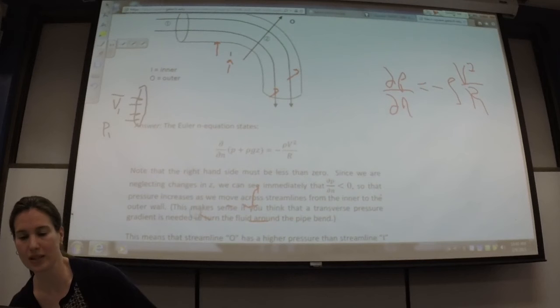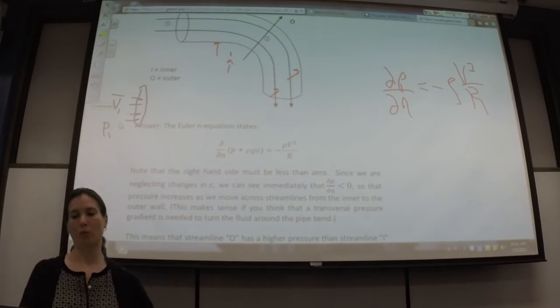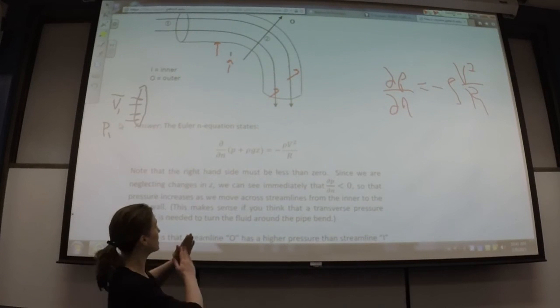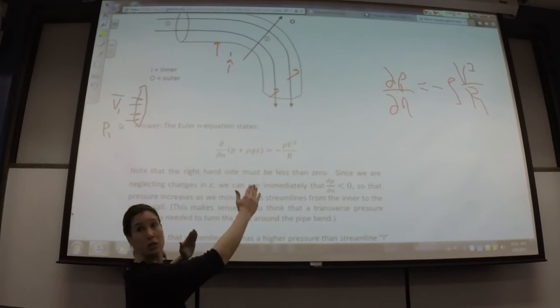So what this says is that as we move across the streamlines from the inner to the outer wall, we're going to have an increase in our pressure.